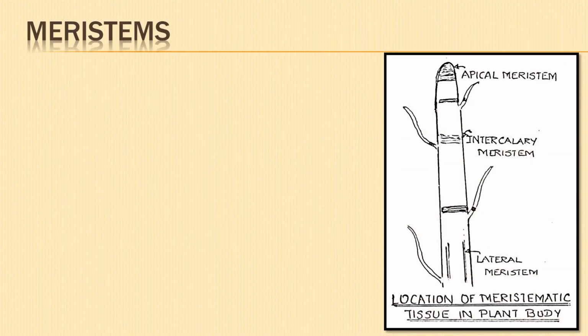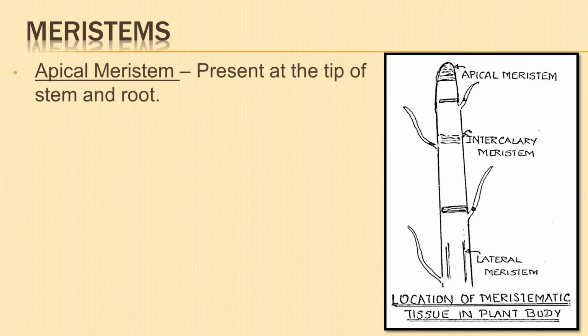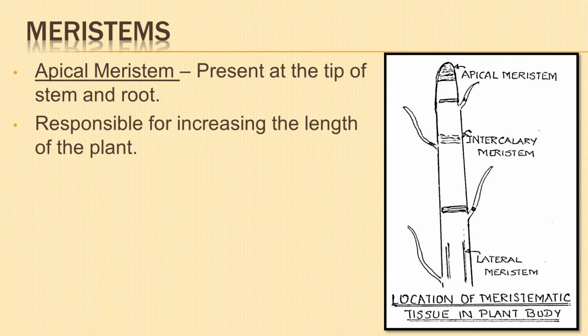Meristematic tissues are classified as apical meristem, intercalary meristem, and lateral meristem. Apical meristem is present at the tip of stem and root. These cells are responsible for increasing the length of the plant.